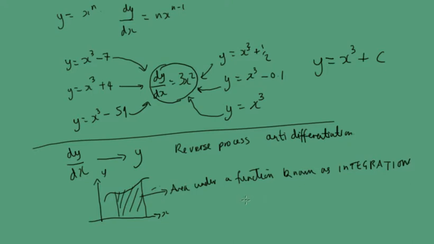Now, Isaac Newton, as in the laws of motion, and another mathematician, a German mathematician called Leibniz, independently of each other, both discovered that integration and anti-differentiation are the same thing.